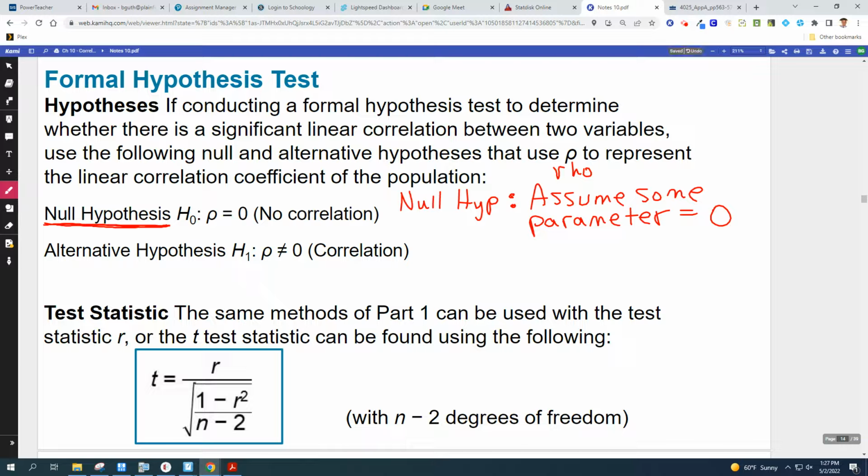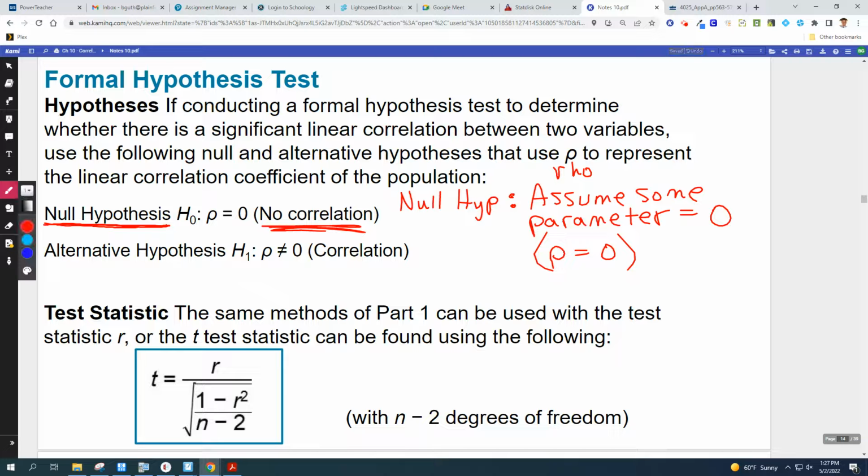You'll assume the mean equals 0, and then we'll try to do something off of that. But in this case, we're talking about the population correlation coefficient. In other words, we're assuming that there's no correlation. We're assuming here, the null hypothesis is that there is no correlation.